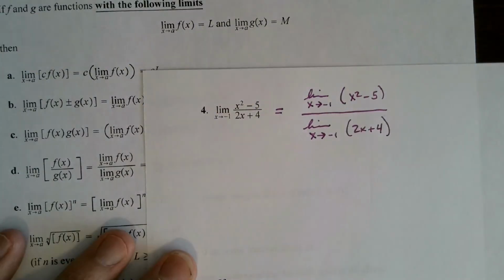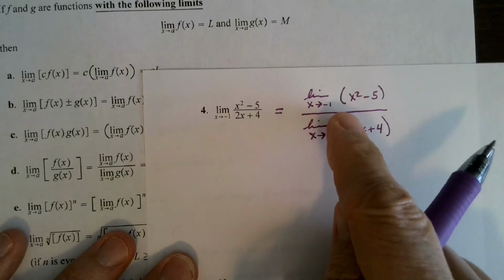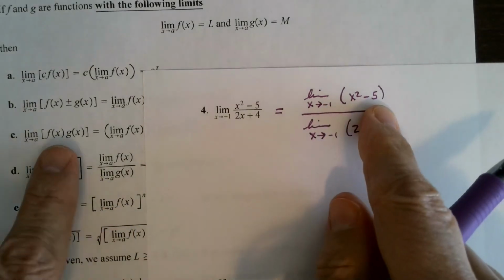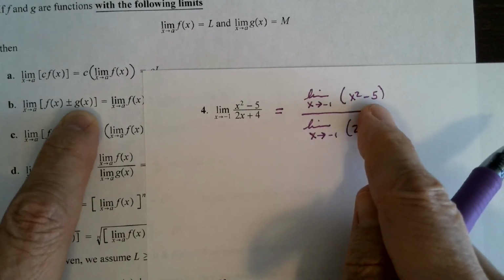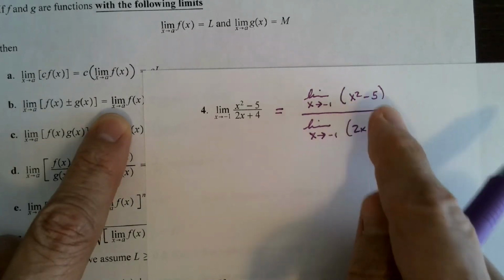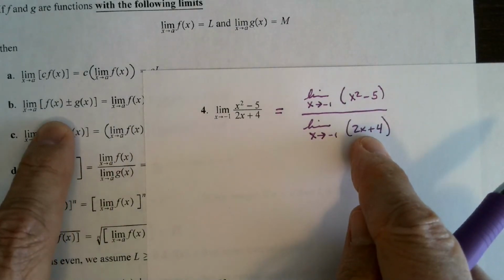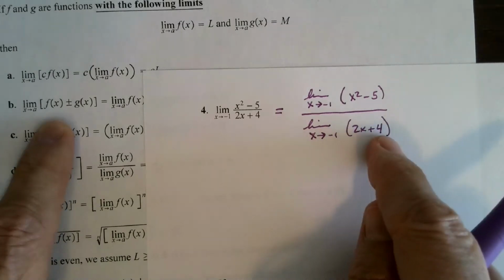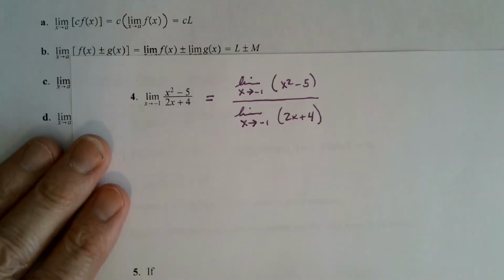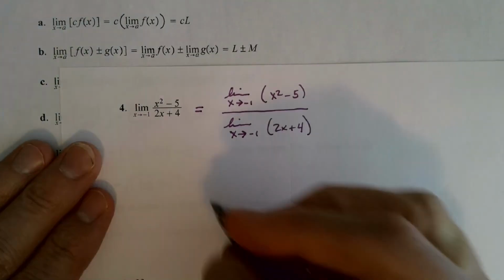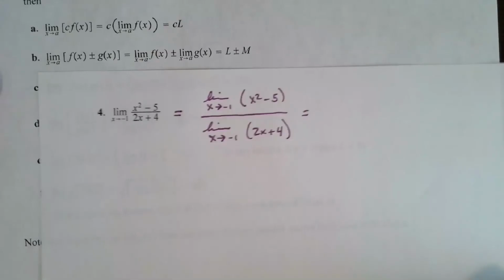Now up top I've got the limit as x approaches -1 of x squared minus 5. I can use part B where f of x is x squared and g of x is 5 and write that as the difference of the limits. Similarly down here, the limit as x approaches -1 of 2x plus 4, I can make use of B as well to write that as the sum of two limits. So let's do that to the right here.